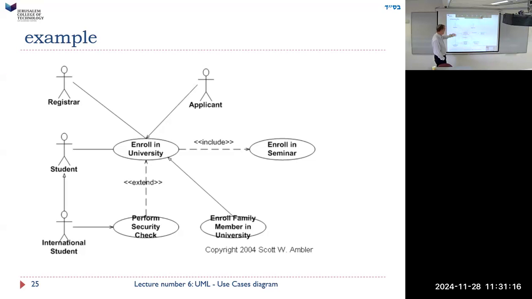I'm not sure I like this example so much because really the applicant is enrolling in university. She's doing something else. Maybe she can enroll somebody without the applicant being involved. Maybe the registrar can enroll somebody when the applicant's not around.